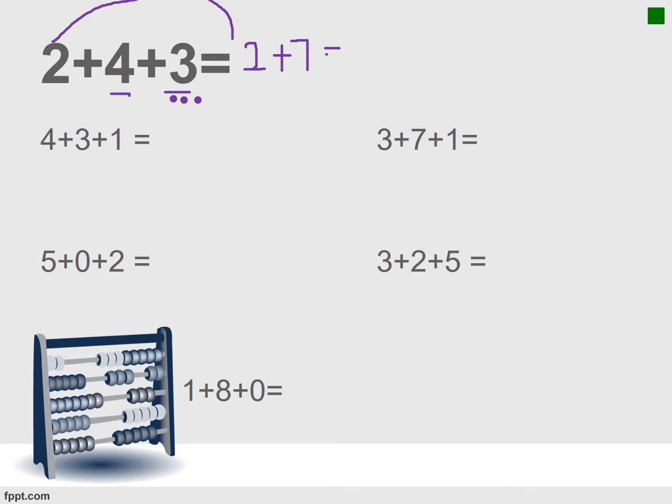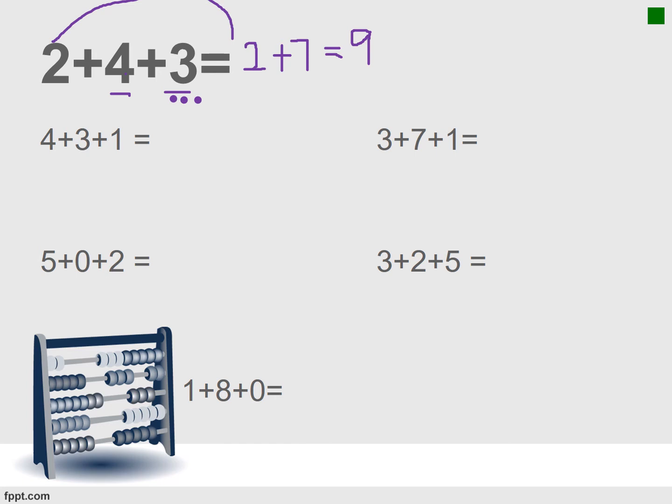So 2 plus 7 is 9. Let's try the next one. We should add the last two numbers, right?